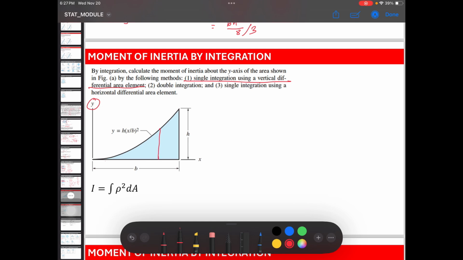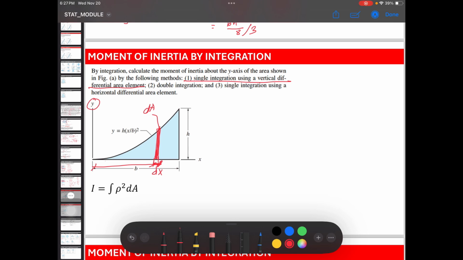So, maganda to kasi vertical element yung differential element. Madali yan kasi your moment arm is just this dimension. So, madali. So, this will be our differential element or differential area. Our differential area, of course, have differential thickness, and since it is along ng x-axis, we call it dx.